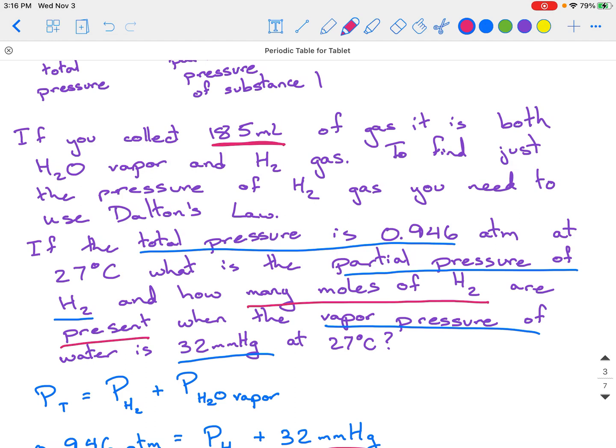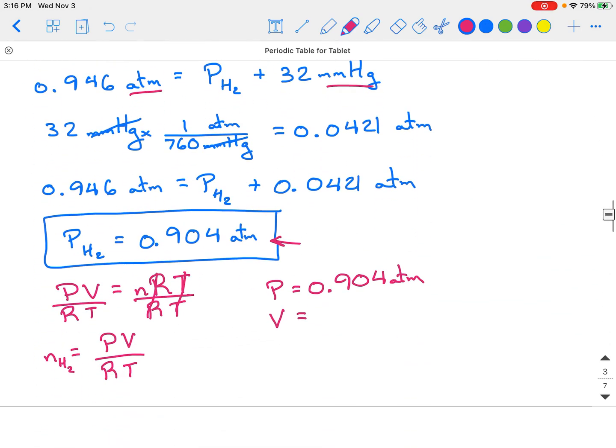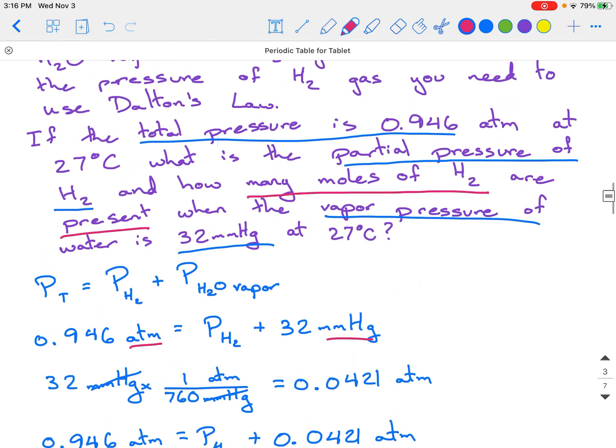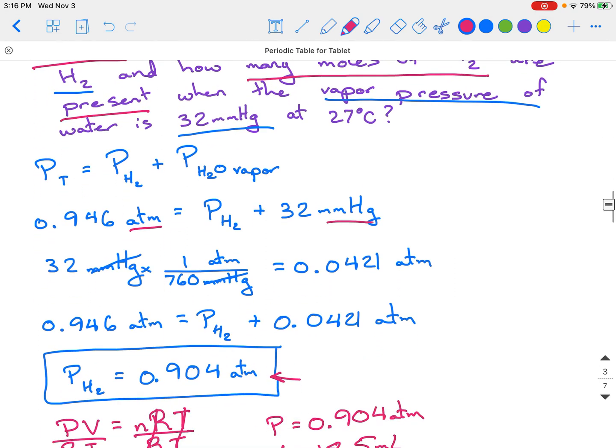Well, both the water vapor and the H2 are taking up all of that space. They're mixed homogeneously, so they both occupy the same volume. So it's still going to be 185 milliliters. We don't need to adjust that. The next bit of information that we have is T, which is 27 degrees Celsius. As we look back up here, there we go, 27 degrees Celsius.